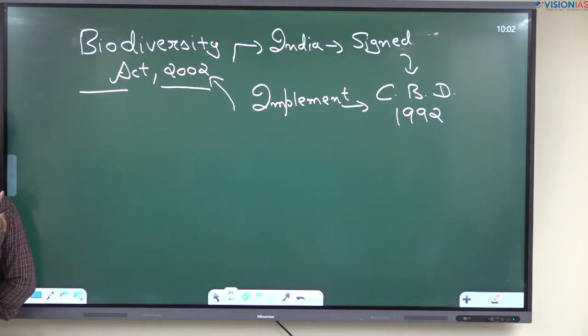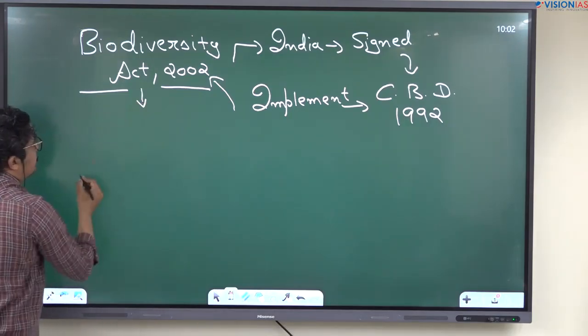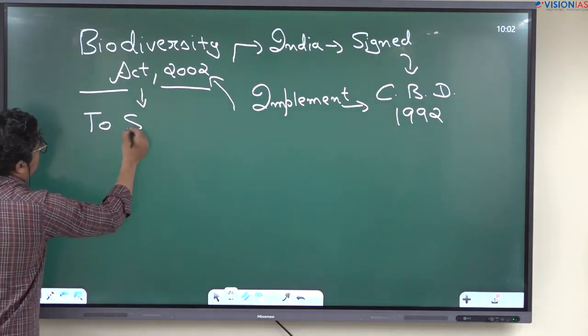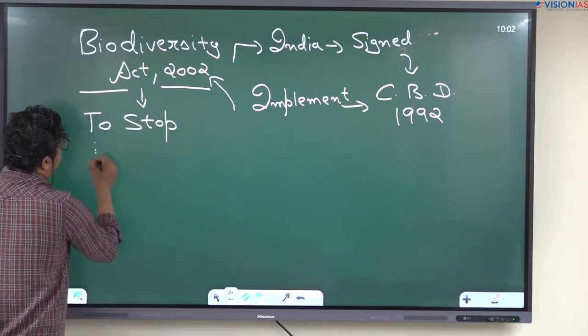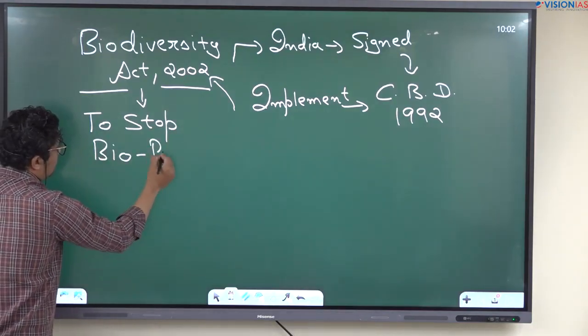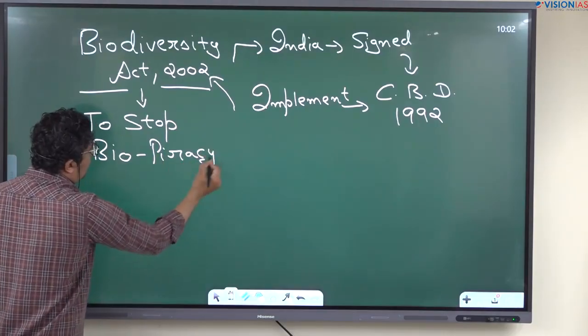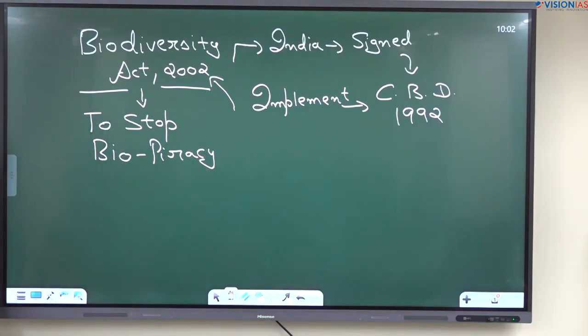This is the most logical reason why India came up with this act, because India is a signatory to CBD and wants to implement it. The second reason for this act was to stop biopiracy from India.